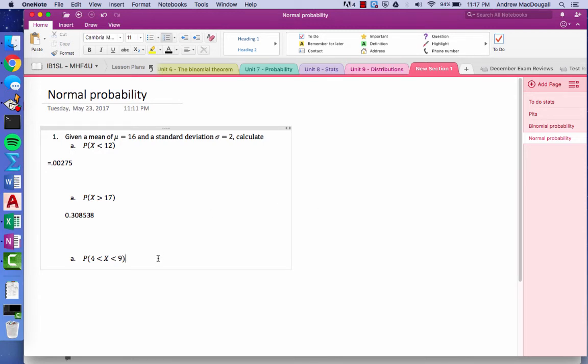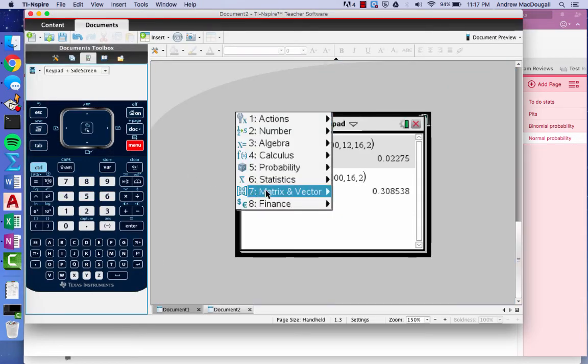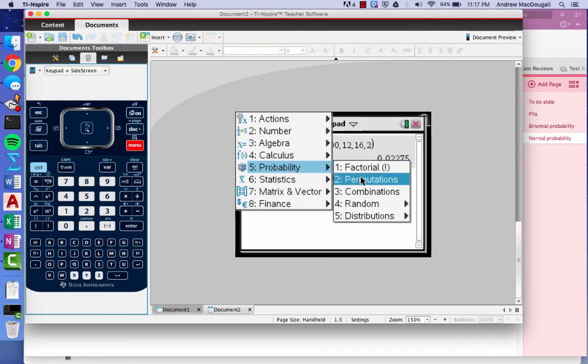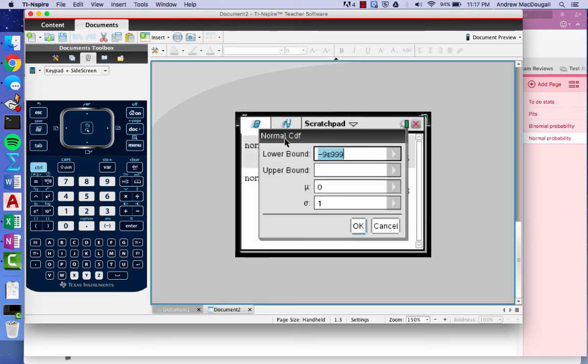The last thing we can do for normal probabilities is calculate what's the probability that x is between 4 and 9. So this is actually in some way the easiest case. Distributions, normal CDF, lower bound 4, upper bound 9. Still have a mean of 16 and a standard deviation of 2.